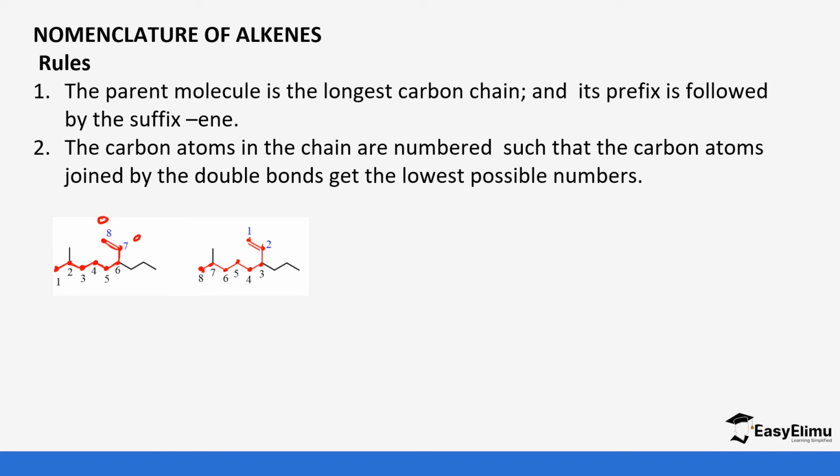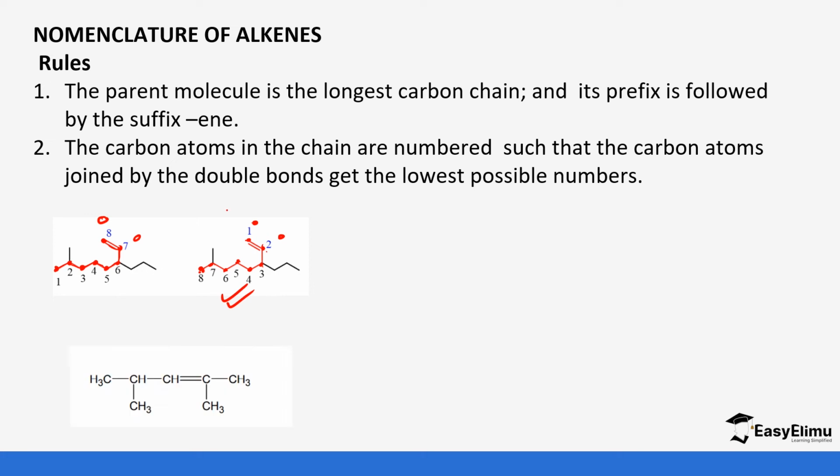If we were to name the other way around, 1, 2, 3, 4, 5, 6, 7, 8, the two carbons holding the double bond would be carbon number 1 and carbon number 2. So this would be the right alternative, because it's giving these carbon atoms the lowest number, which is number 1 and number 2.